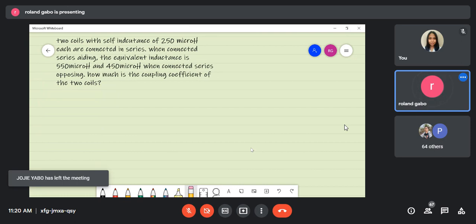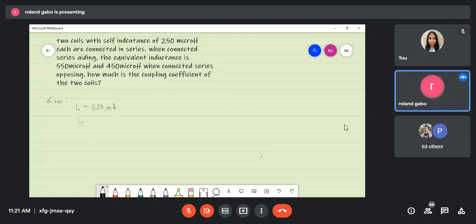Okay, given na to is self-inductance, so let's say L1 is 250 microhenry, and L sub 2, so two coils with self, so meaning pareho, 250 microhenry, and then they're connected in series.